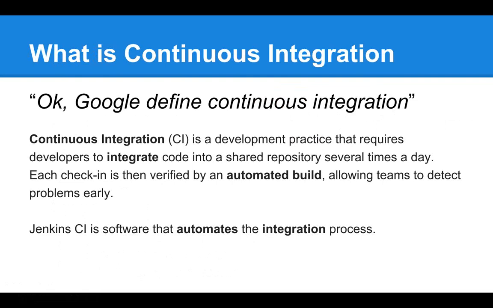They constantly get their code into that shared repo, and that check-in is then verified by an automated build, which allows the code to consistently move forward. You don't want to introduce any bugs into the code. To automate that continuous integration process, you have Jenkins. Jenkins is software that automates the integration process.